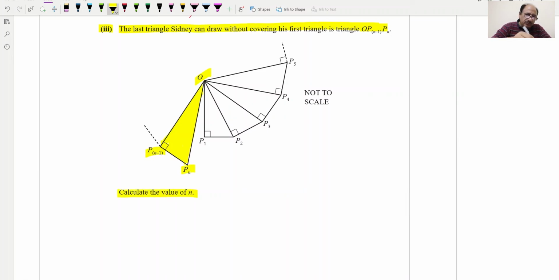What we can do, first of all, we understand that starting from here back to this one will be 360 degrees. So we can divide 360 degrees by one angle, and one angle is 18.4. So we can divide 360 by 18.4, and this will be for one triangle.